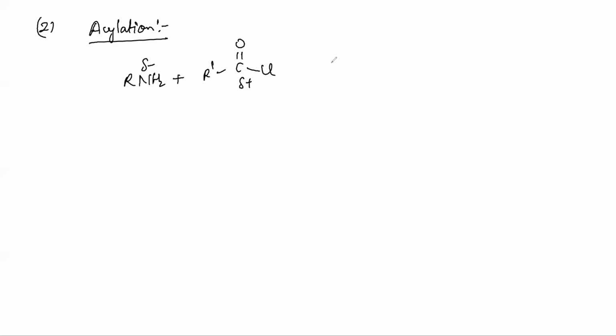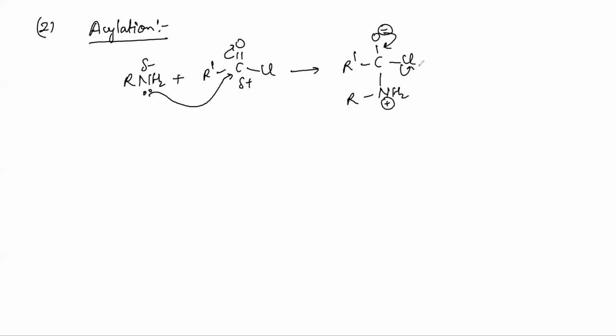Nitrogen lone pair will attack here, the pi bond will be broken, and you'll get O minus, Cl, NH2R, and here it will be plus. Then Cl will leave and Cl will pull this H. So ultimately R'C=O NHR plus HCl. This is your substituted amide.